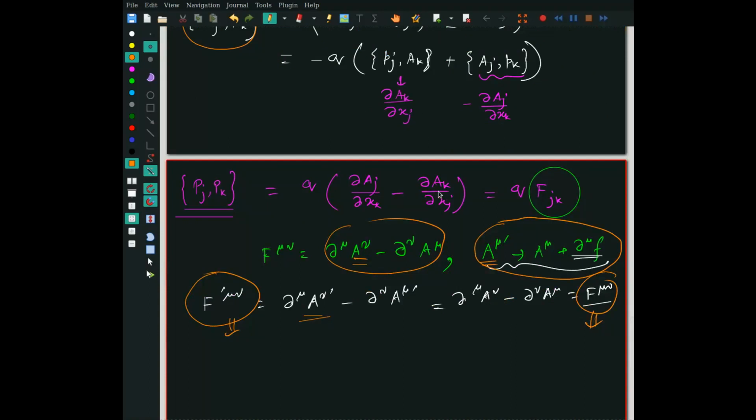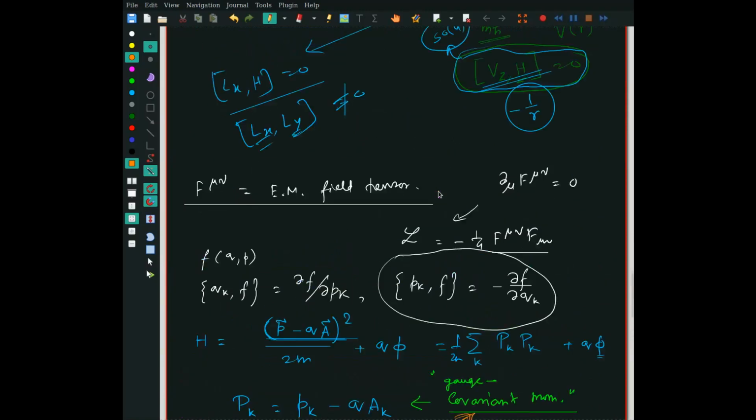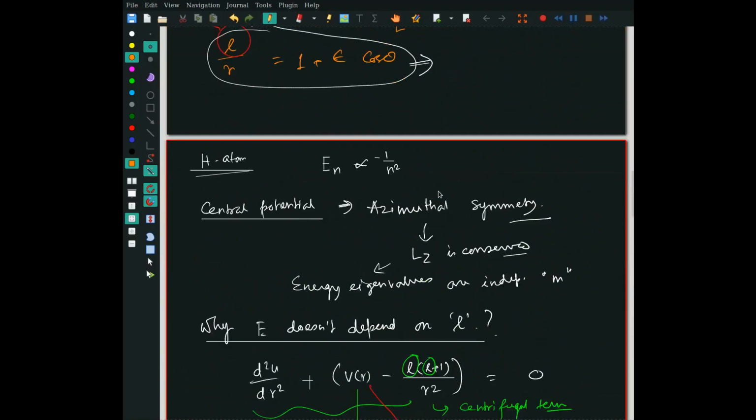By the way, are you now familiar with working with F mu nu? Yes, tell me first. Sir, can you go a little up in the slides, in the Runge-Lenz vector part. Here you have written that v dot r equals epsilon cos theta.